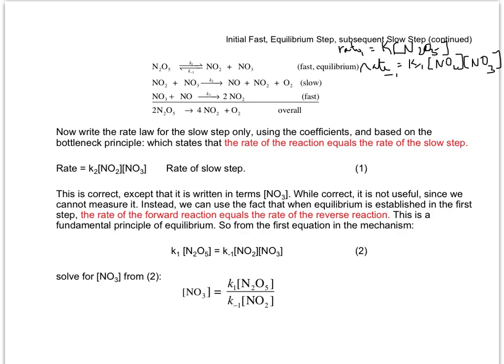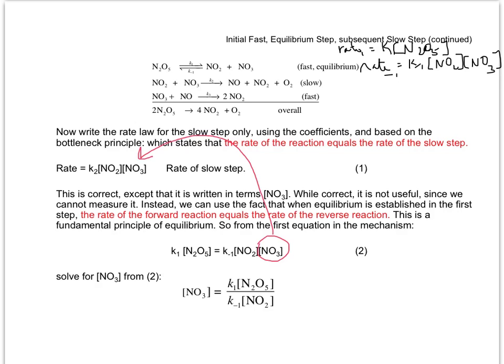Okay, why did we do this? This is true, that the rate of the forward reaction equals the rate of the reverse reaction, when the system's at equilibrium. Why do we care? So we can solve for NO3 here, and then we can plug it into the equation for the rate of the slow step. Remember, we said the NO3 is not useful to us.